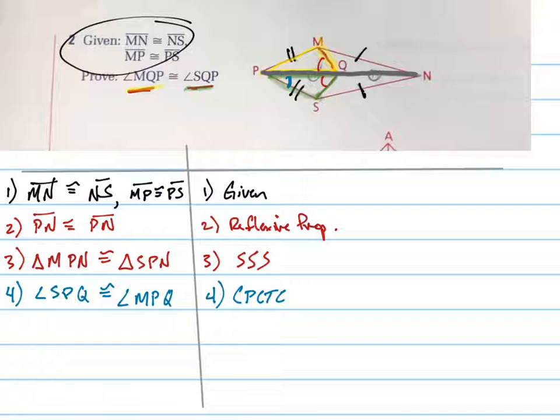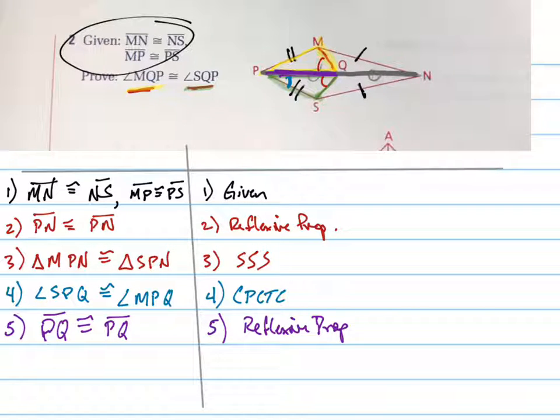Corresponding parts of congruent triangles are congruent. And now, the fifth thing I'm going to say is that this line right here, PQ, is congruent to PQ. And that reason is, of course, the reflexive property again.